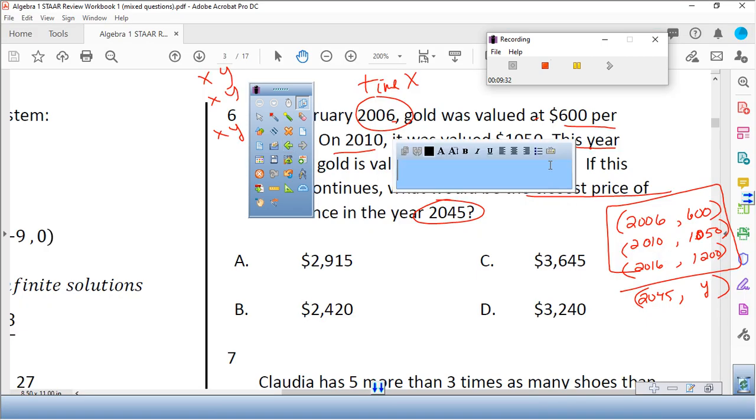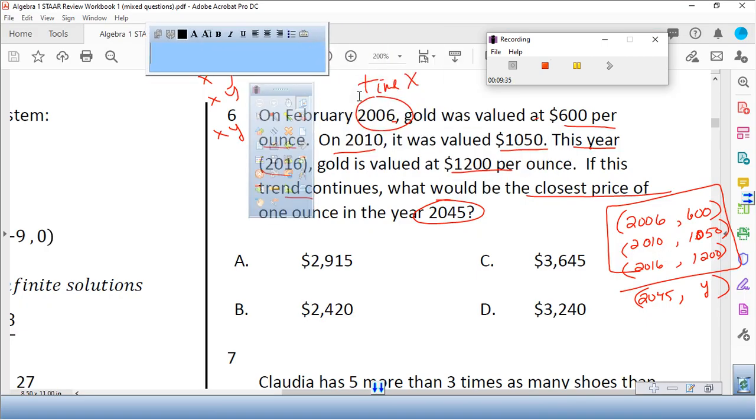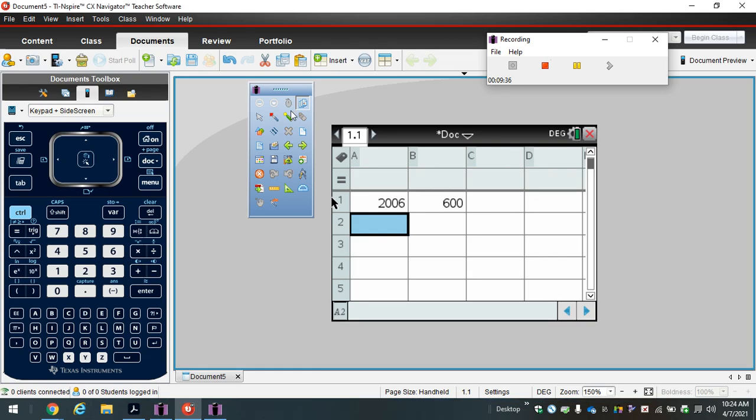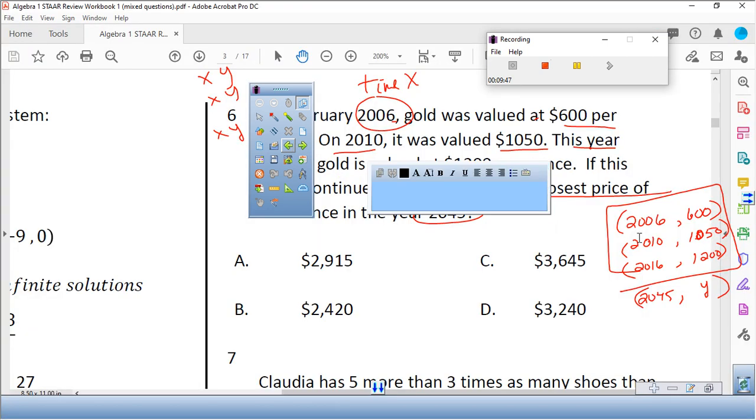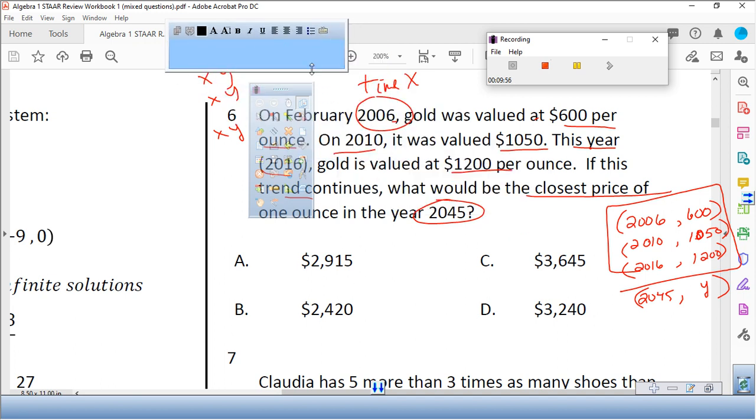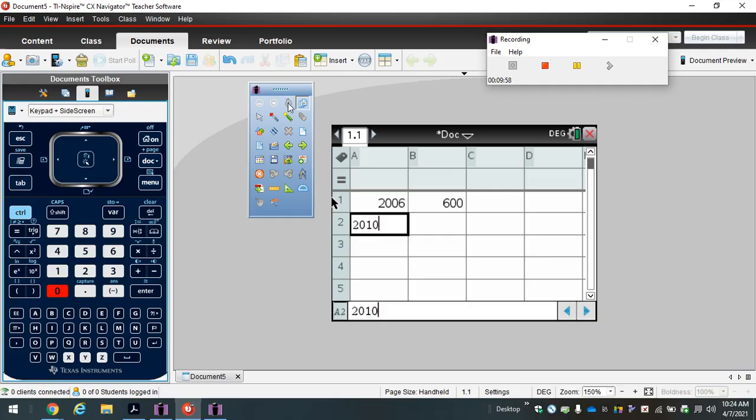2010, what is that? We have 1,050, right?